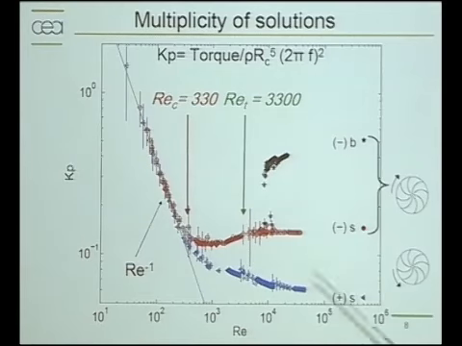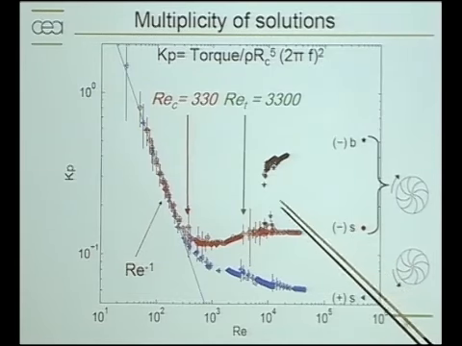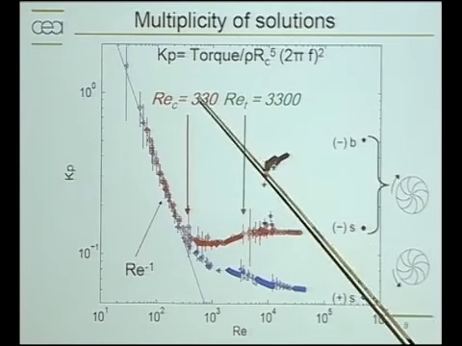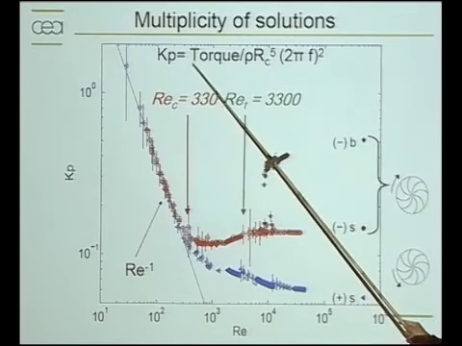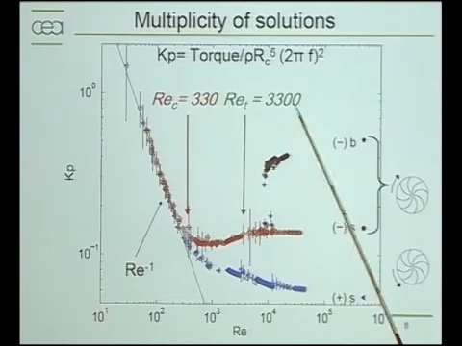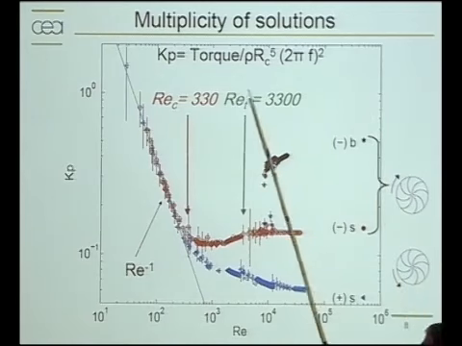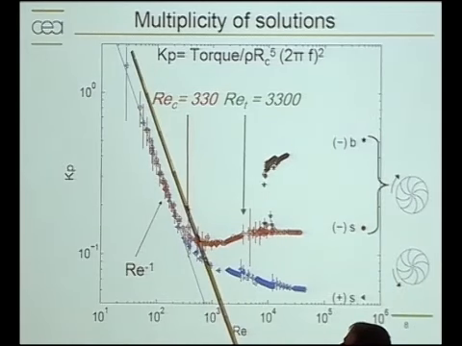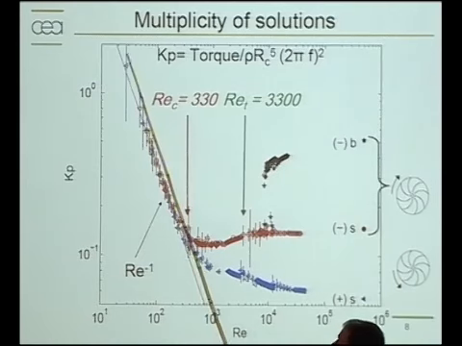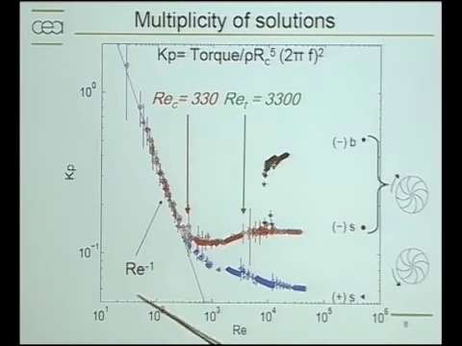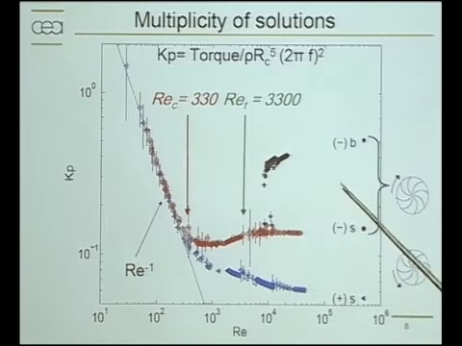What you can do also is measure the torque in your experiment. We have done that for Reynolds numbers from 10 to 1 million by using different mixtures of glycerol and water, and we have measured the torque. This is the reduced torque, which is named Kp, as a function of the Reynolds number.